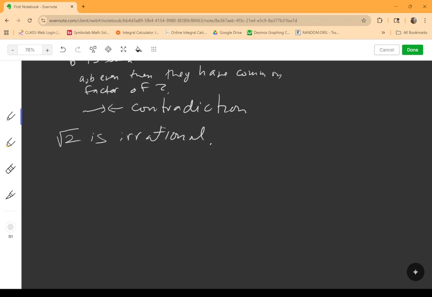All right, let's go over one other proof here. This is the proof of something called the pigeonhole principle.